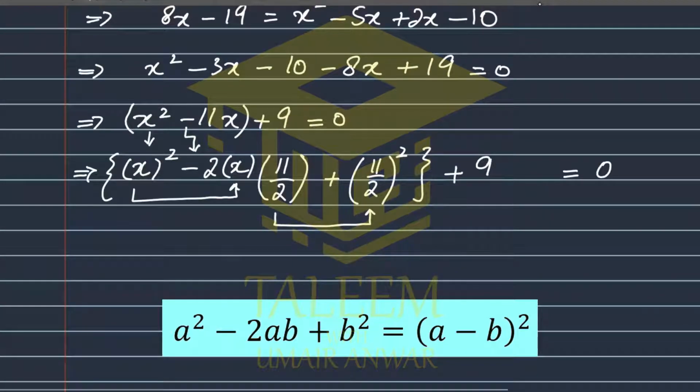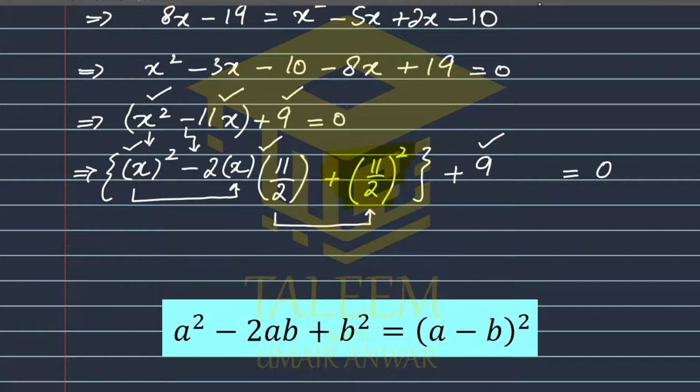Now, again, if I compare, there was an x square, and there is a term which represents x square. There was a term of minus 11x, and again there is a term whose answer would come out to be minus 11x. There was a plus 9, and it is a plus 9. So the thing that we have added over here is 11 upon 2 square, and it wasn't written in the original question.